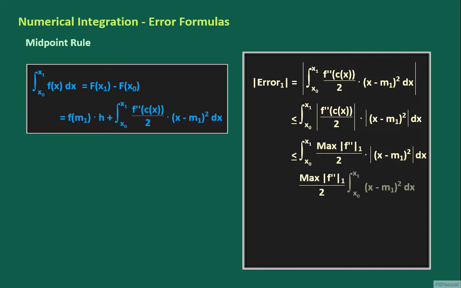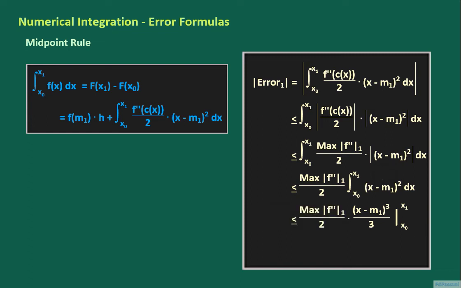And so we end up with just the integral of the square of x minus m sub 1 over the first subinterval. Observe that we have dropped the absolute value sign for this squared quantity, since the squared quantity is non-negative. Integrating the square of x minus m sub 1, we get the cube of x minus m sub 1 all over 3. And this we evaluate from x sub 0 to x sub 1.